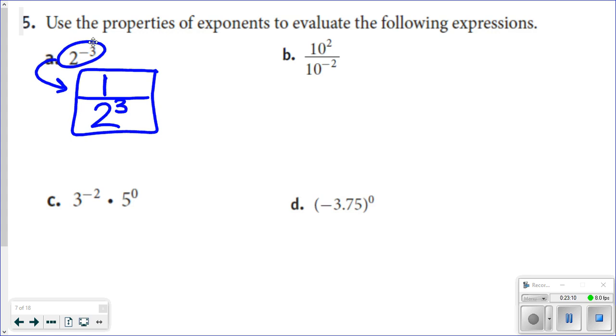Question B, you could do this in 2 different ways. Here's what I'm going to do. I am going to do the fraction or the quotient part of the problem and then clean up my negatives at the very end. So think about it this way.